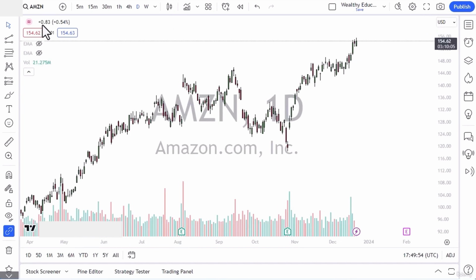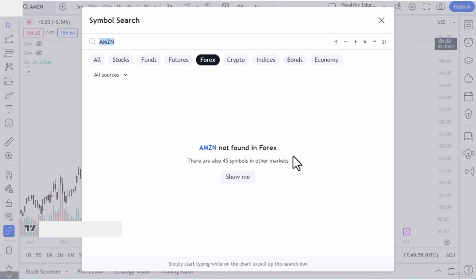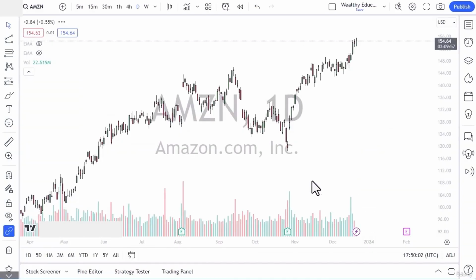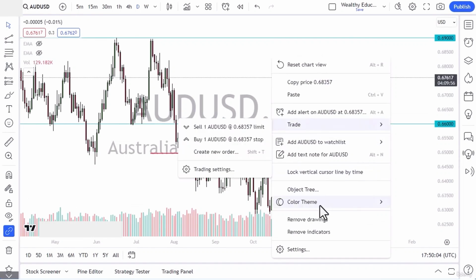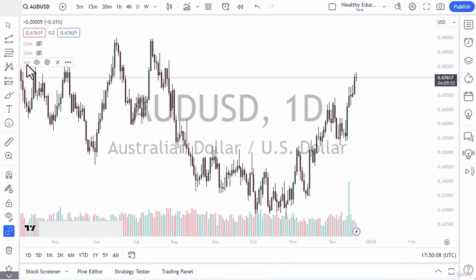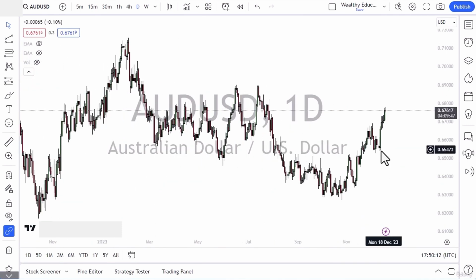There are also rectangles. So let's take a look at a forex market. So Aussie dollar, let me go ahead and get rid of all of my previous markups and the volume. We don't use that in forex.